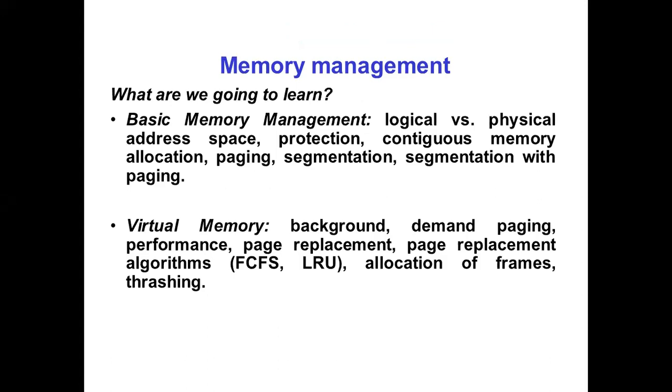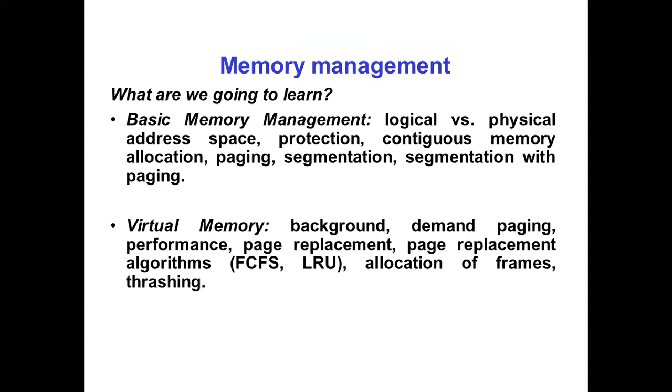Now here you can see basic memory management. There are two types of memory management. First is called basic memory management and the other is called virtual memory. Basic memory management contains logical versus physical address space.